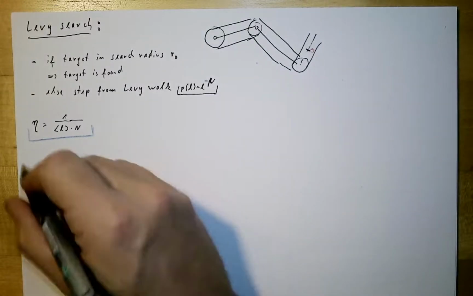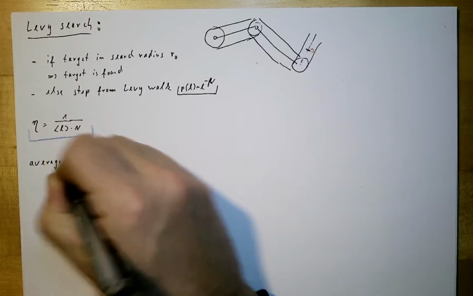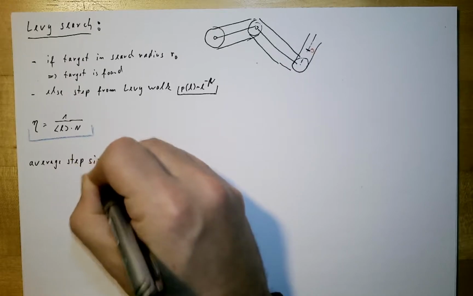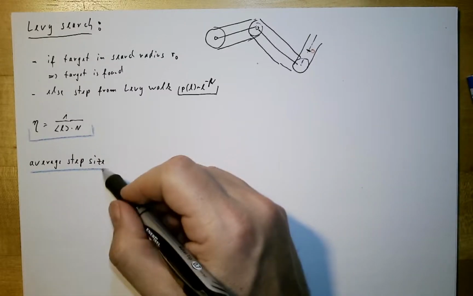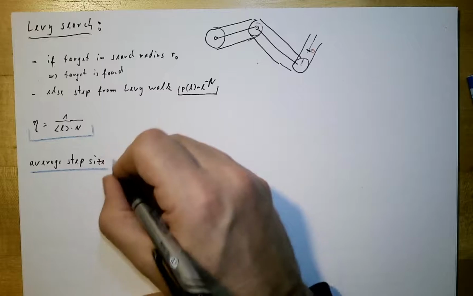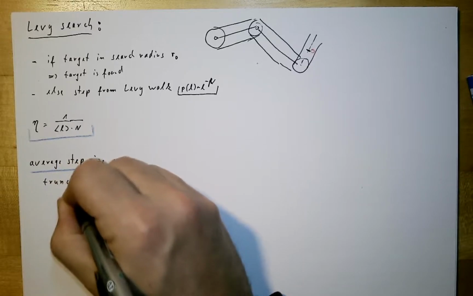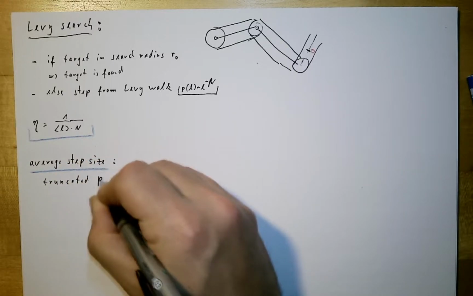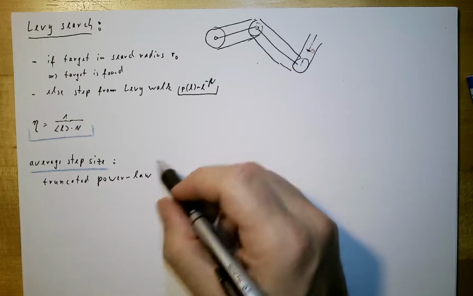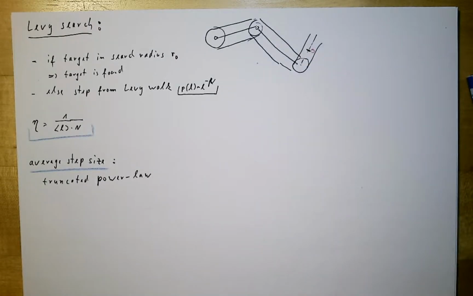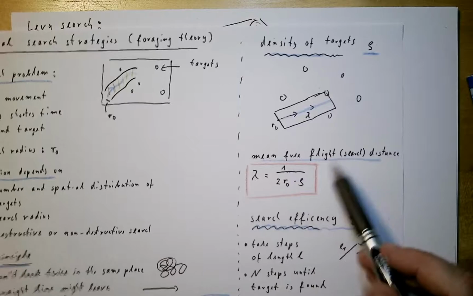So let's first calculate here the average step size. But here the problem is we don't really have a power law distribution, but rather a truncated power law. Because now this depends on the mean free flight distance.